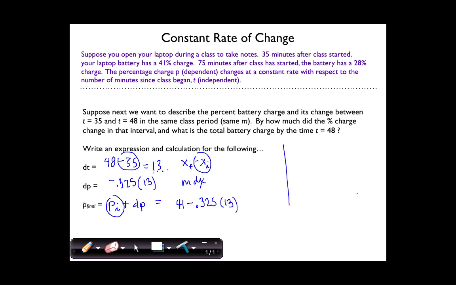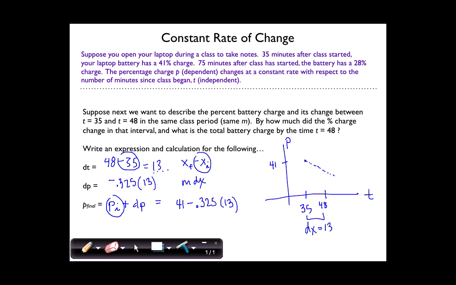But if I'm thinking about time and my battery percent charge, I know that at time 35 minutes into class, we had a 41% charge, right? Yeah, 41. And it's going downward at a constant rate from there, such that I know there's a point later at time 75, but for this question, I just want to know what's going on by time 48, which is 13 minutes later.